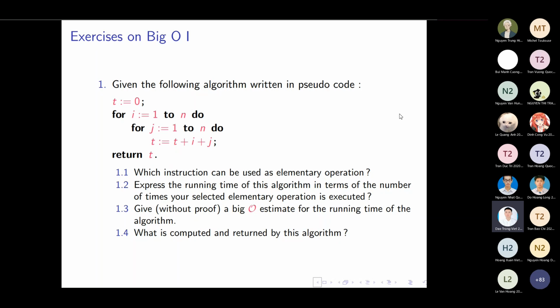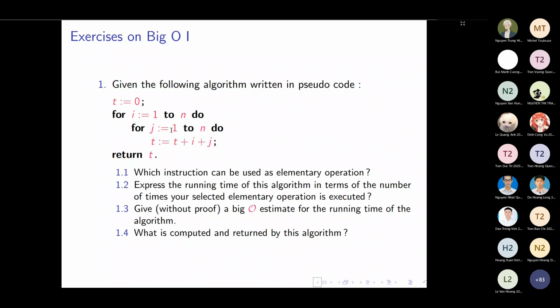Can you tell me again what is the elementary operation of this exercise? Okay, so the elementary operation should be the one that is executed the most when the algorithm runs. So it should be this for loop here. But it will cause much confusion when we count the number of times this for loop is executed.